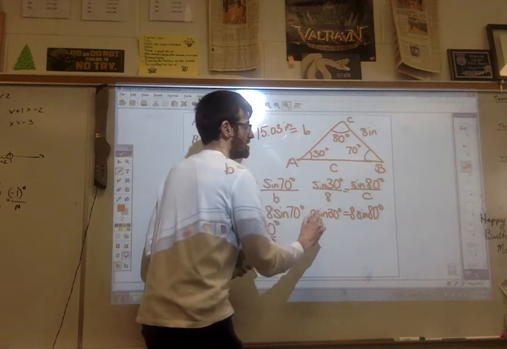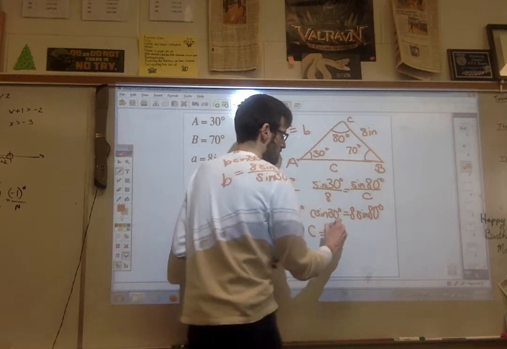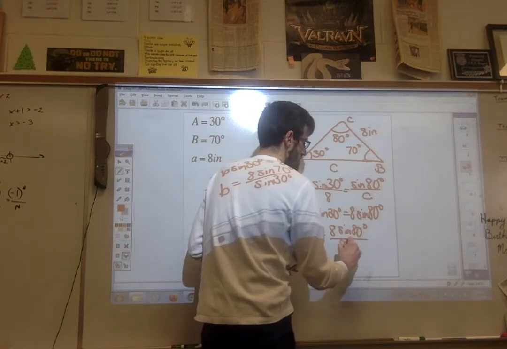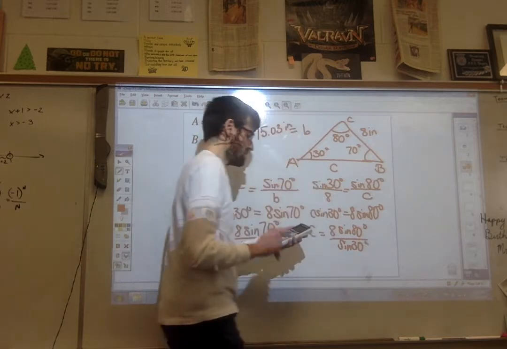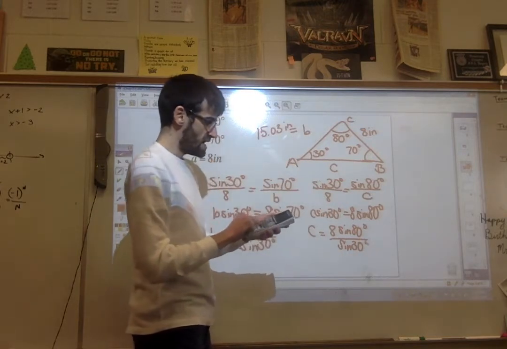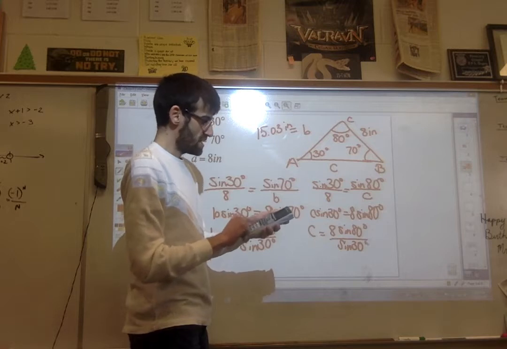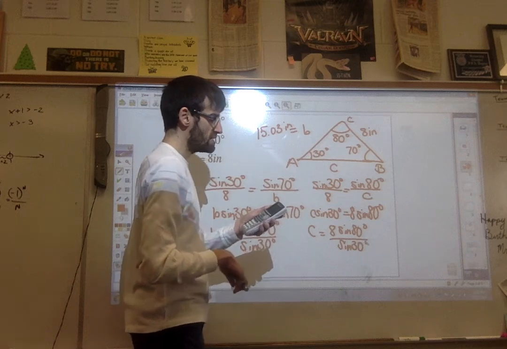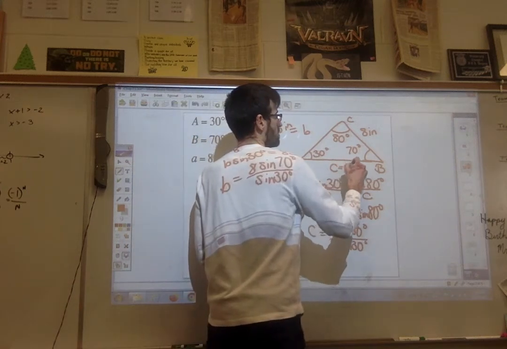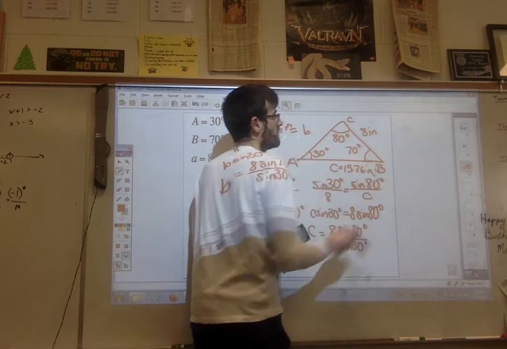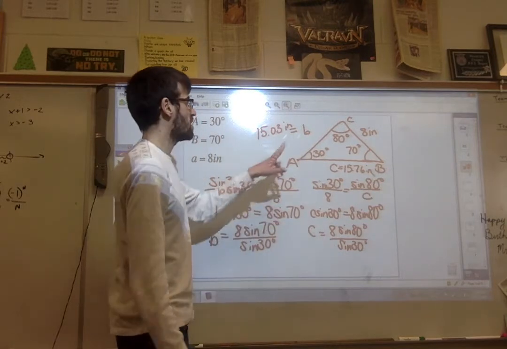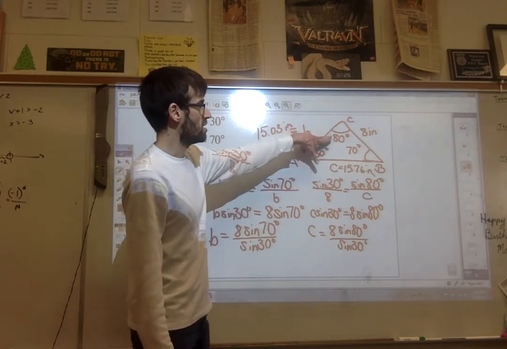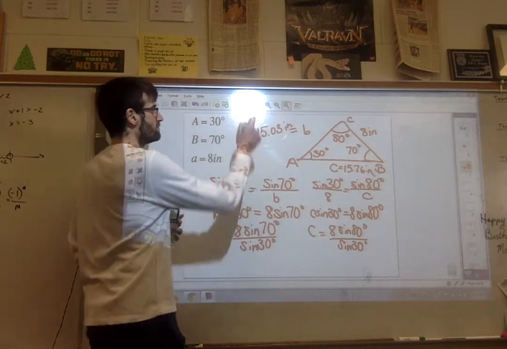I'm going to divide by the sine of 30, so c equals 8 sine of 80 over the sine of 30. When I take 8 sine of 80 over the sine of 30, it's going to give me a decimal of 15.76, and that is inches. Notice that the smallest side is across from the smallest angle, the middle side is across from the middle angle, the largest side is across from the largest angle.